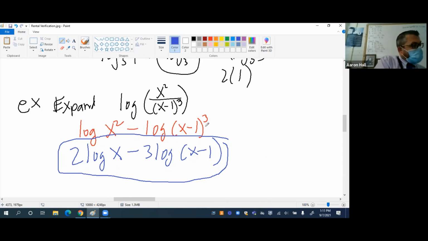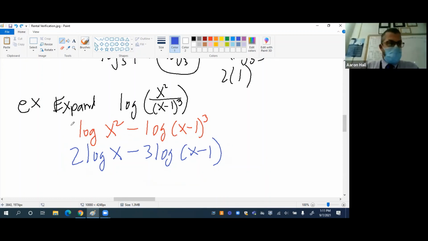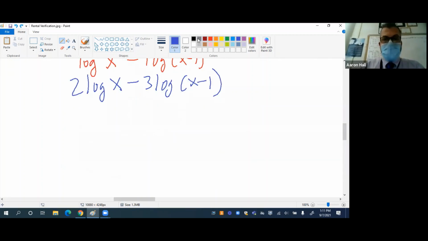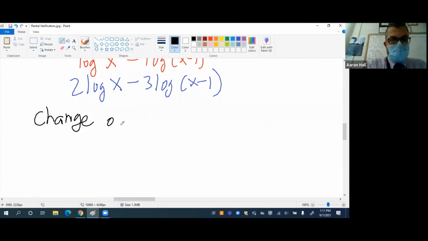Because of lack of time, I'm going to skip some stuff. I'm going to move on to the change of base formula. Change of base formula.